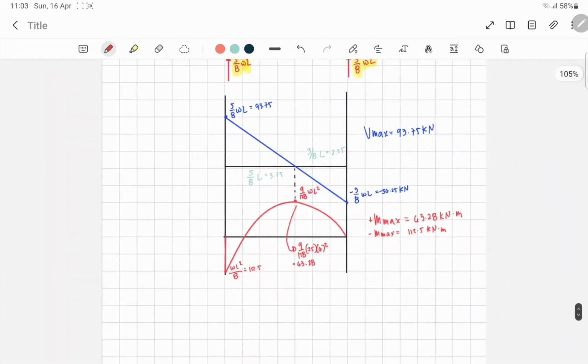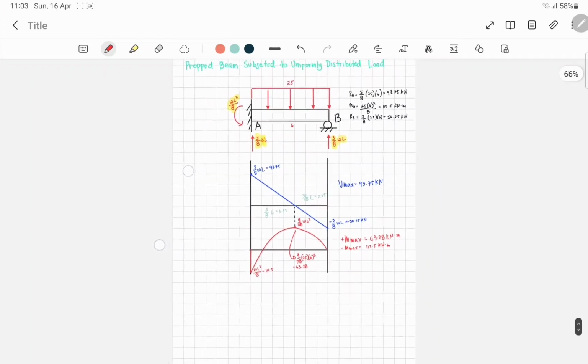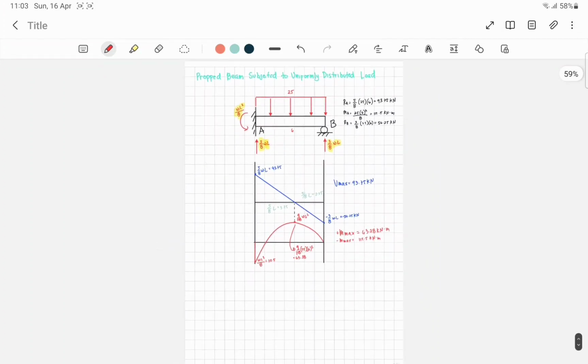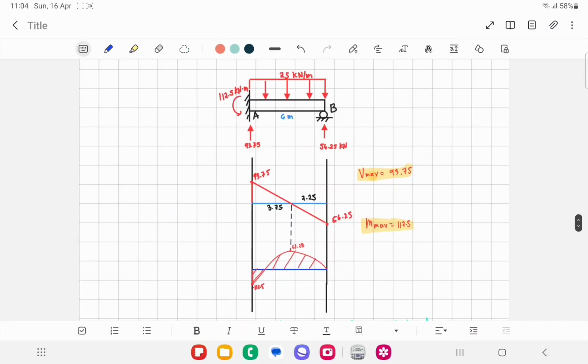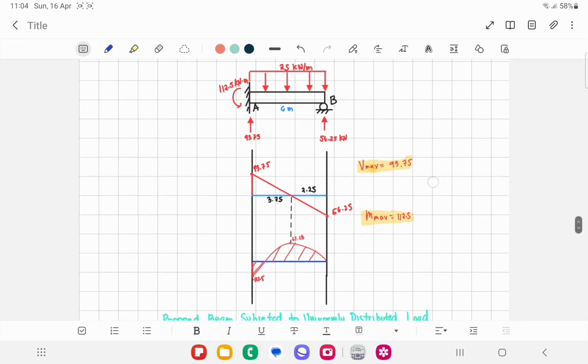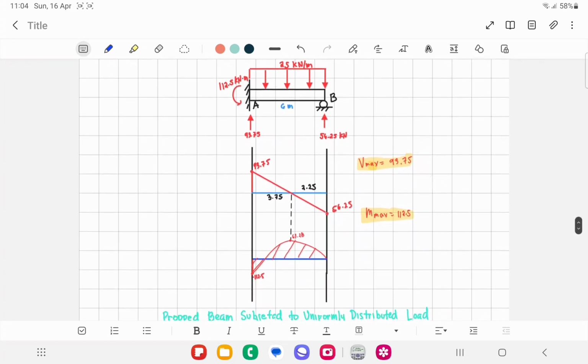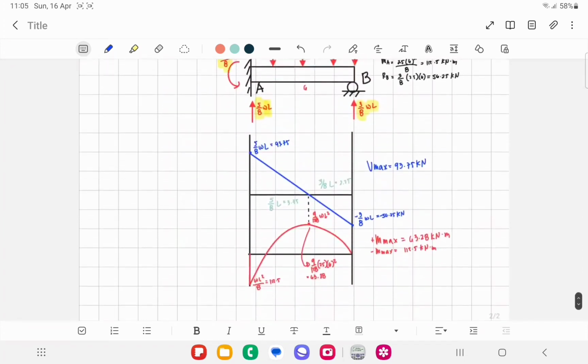Okay, so let's check kung tama yung mga sagot natin. So this was our answer from our previous na methods using area moment and double integration method, we arrive with this answer. Our maximum shear is equal to 93.75 and for the maximum moment 112.5. Okay, so tama naman.